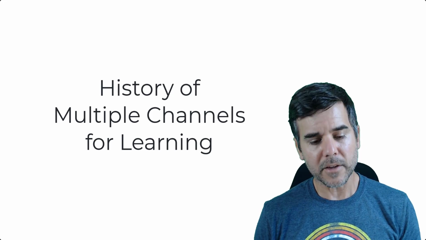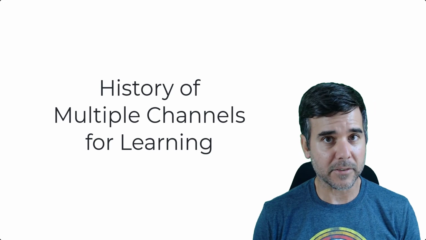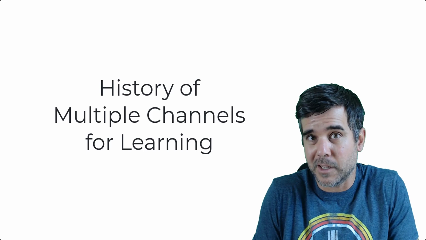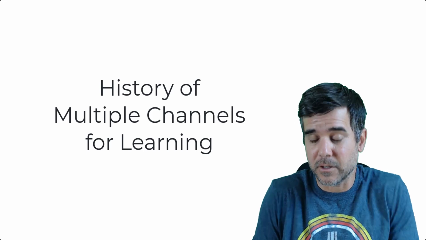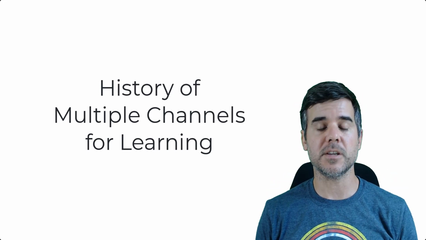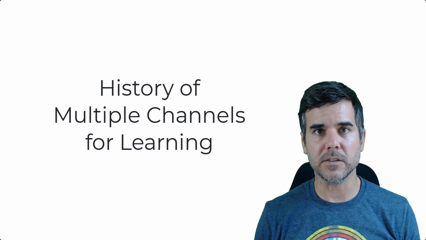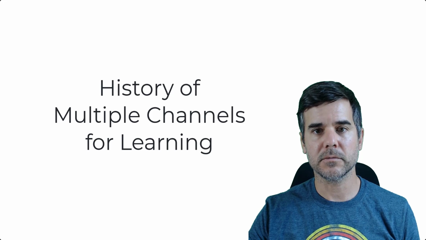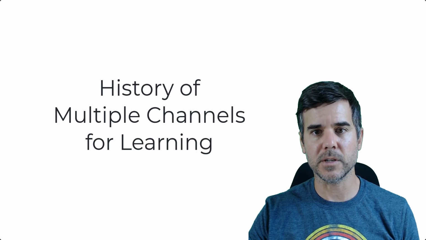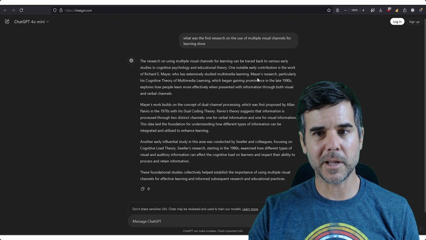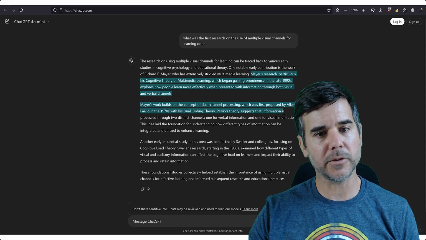But in some ways, it bypasses a significant body of research that came up with the multimedia principle a lot sooner. Even when I ask ChatGPT what was the first research on the use of multiple visual channels for learning, it talks about the 1990s and the multimedia principles.